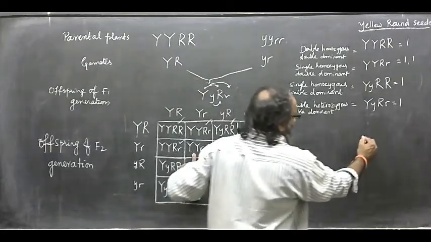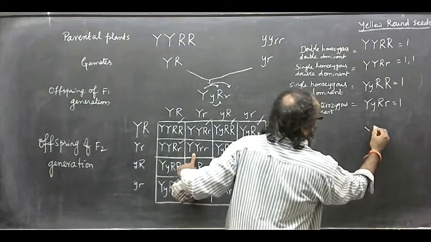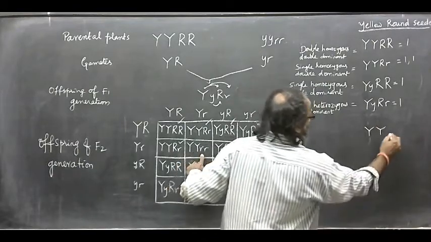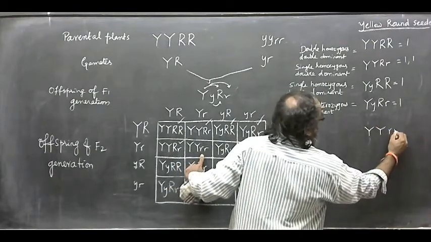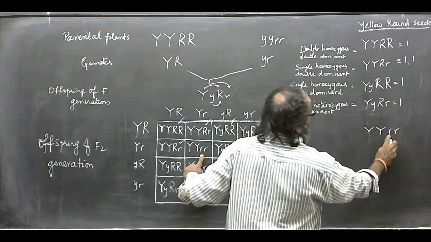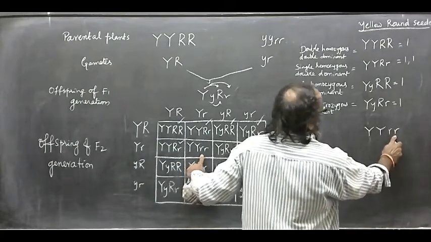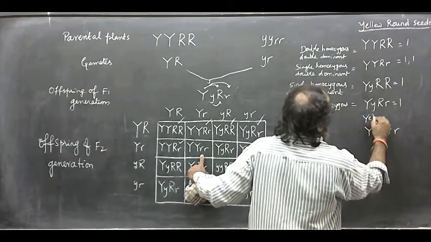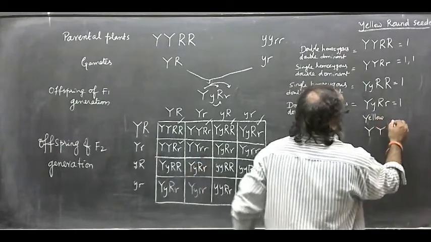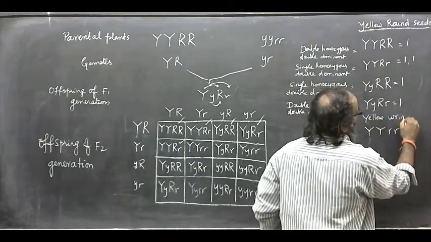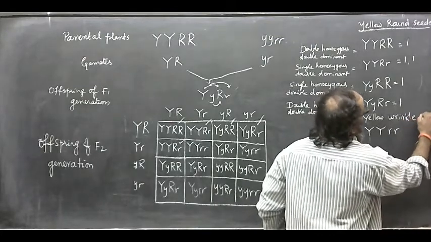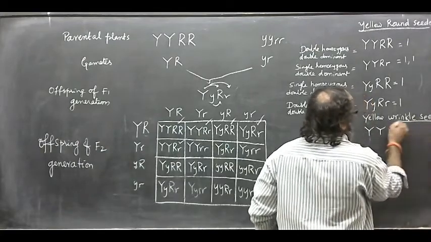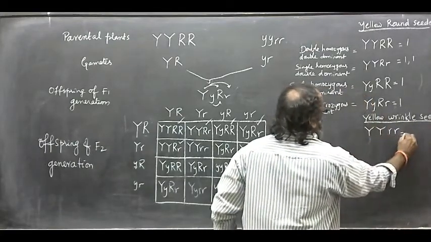And the next is capital Y, that is yellow, and small, where small refers to wrinkled. Therefore, we got a different character: a yellow wrinkled seeded plant. So far it is one.